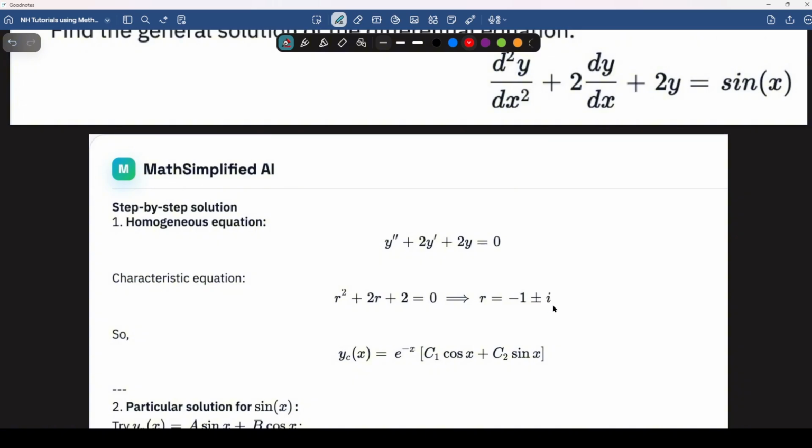If you remember, this is our alpha, -1, and this is our beta. So alpha is -1 and beta equals 1.